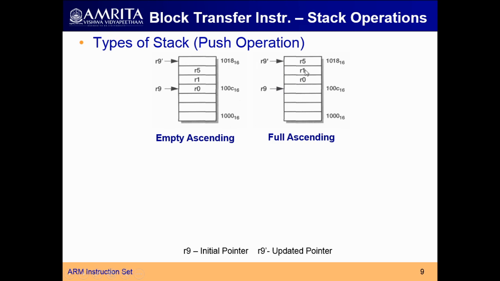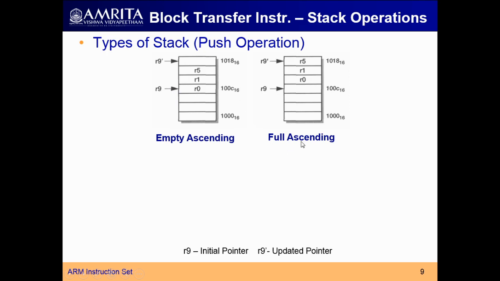That means in full ascending, incrementing of the pointer takes place before the push operation. But in the case of empty ascending, first the push operation will take place, and only then the incrementing.